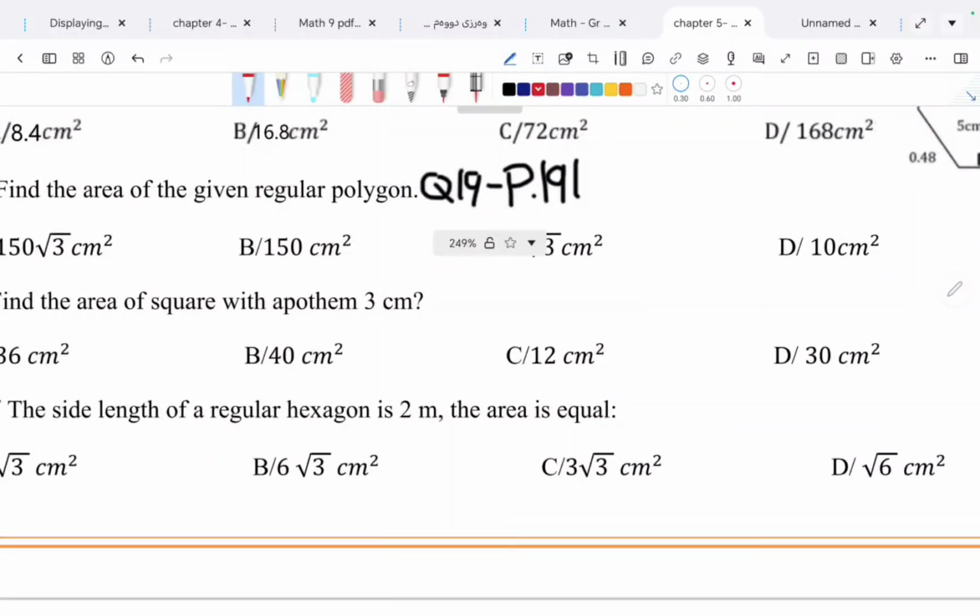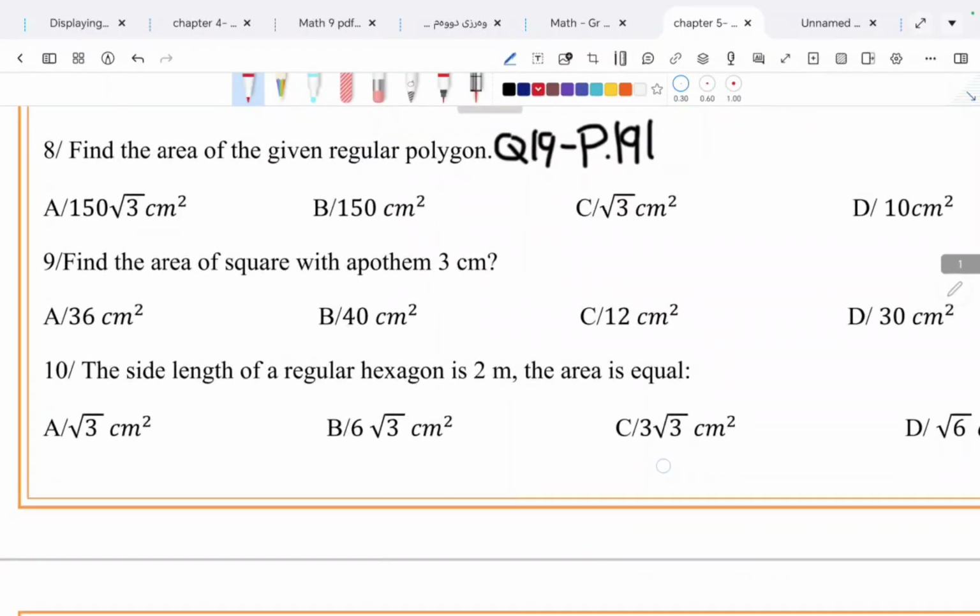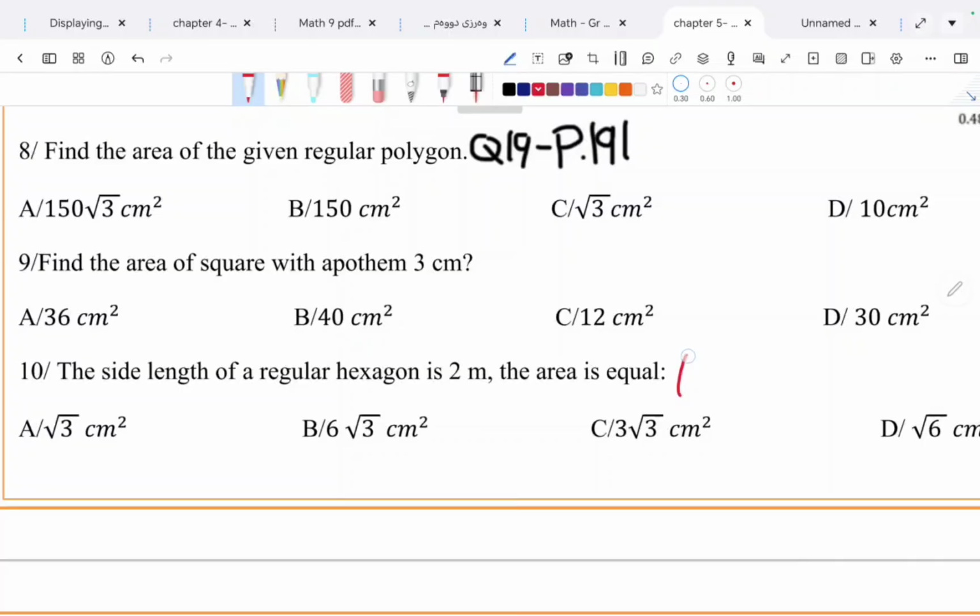Okay, now we have question 10. The side length of a regular hexagon is 2 meters. What's the area? Even this one, for a regular hexagon, we have a specific rule. Area equals 3 square root of 3 over 2 times s power 2.